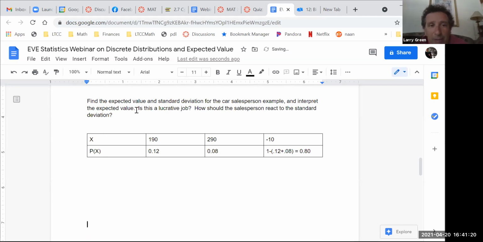It says, find the expected value and standard deviation for the car salesperson example and interpret the expected value. Is this a lucrative job? How should the salesperson react to the standard deviation? Do you understand what the question's asking? Any questions on the question?